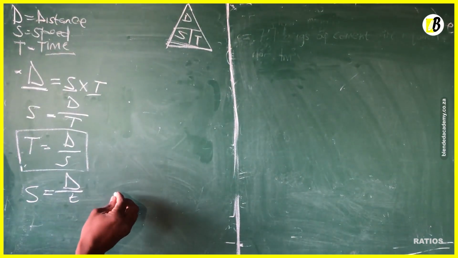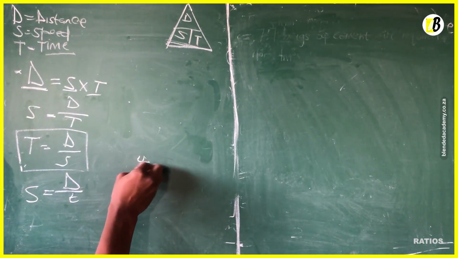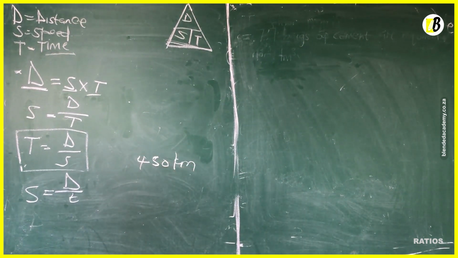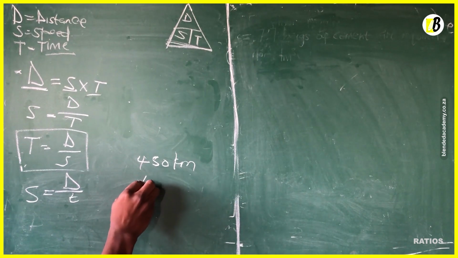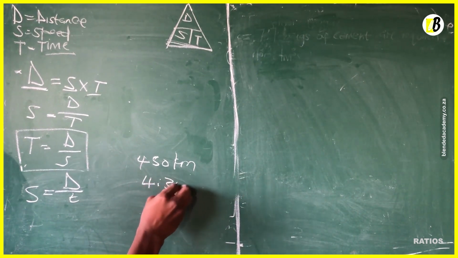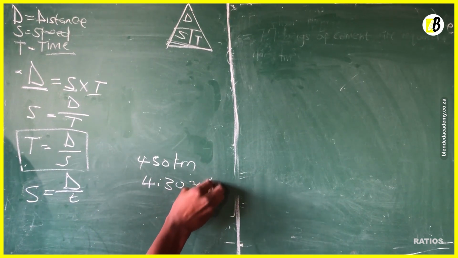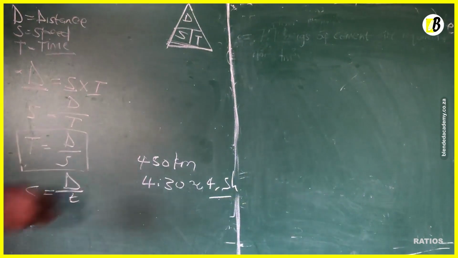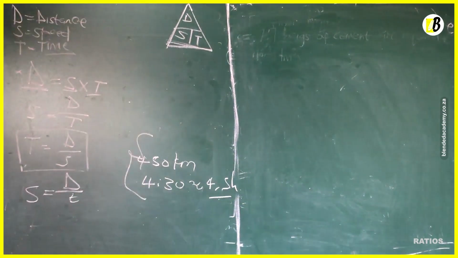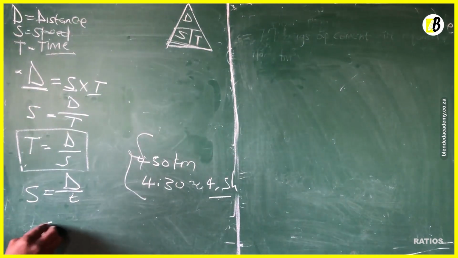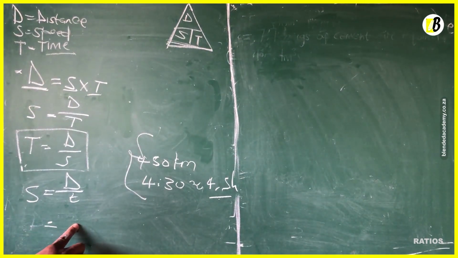Our previous distance was 450 kilometers, and our time was 4 hours, 30 minutes, which is equivalent to 4.5 hours, right? So let's use this information to calculate the speed. Basically, we are reversing the situation to see if we did it right. Let's implement the formula now. What is our distance?